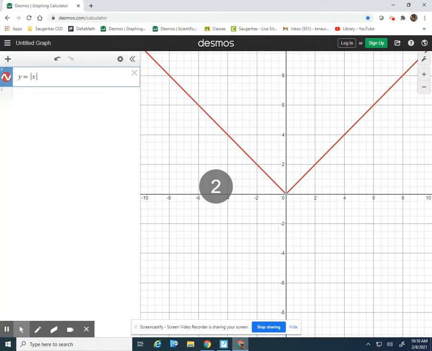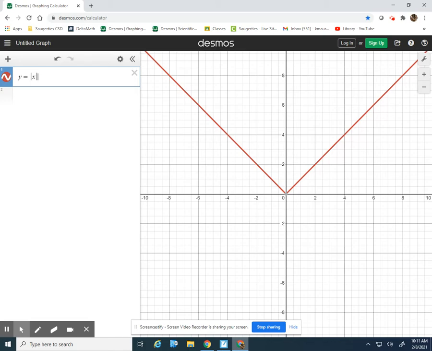So what I did ahead of time is I went to my Desmos graphing calculator, and you can see I typed in absolute value of x. To get those vertical lines on the keyboard, it is Shift, and then 2 spaces up, you'll actually see a vertical line. You can use those and it will do that for you.